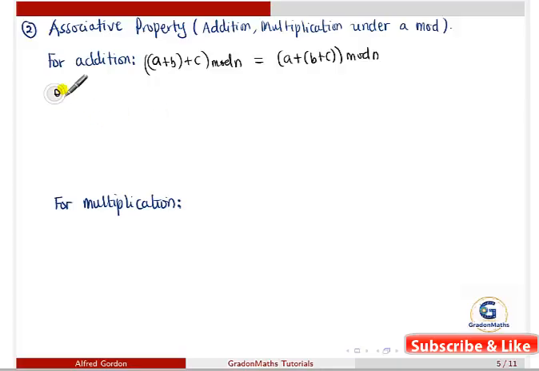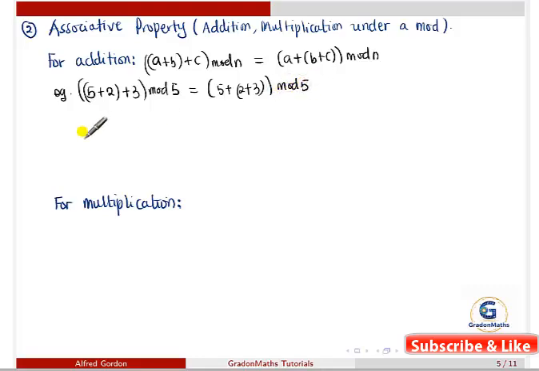So we can have an example like if we have ((5 + 2) + 3) mod 5, this is equal to (5 + (2 + 3)) mod 5.